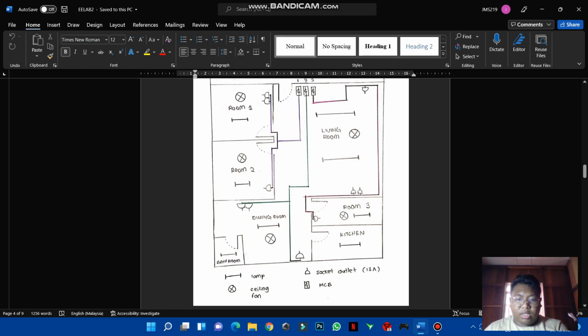So here is the indicator, which is this for lamp, and this for ceiling fan, and this is for socket outlet, and here is the MCB. Here is the diagram for the socket outlet.